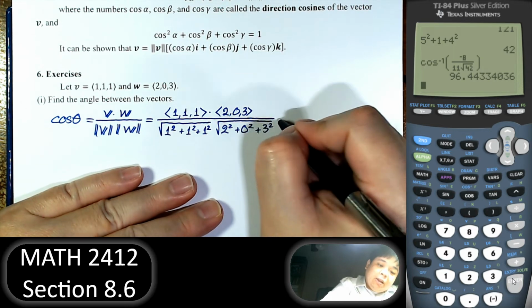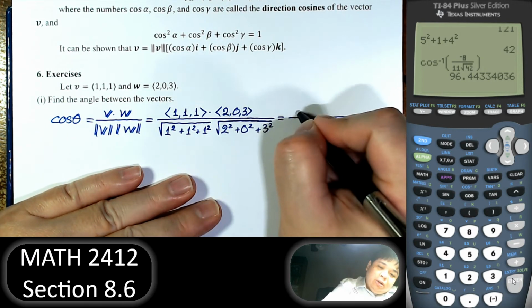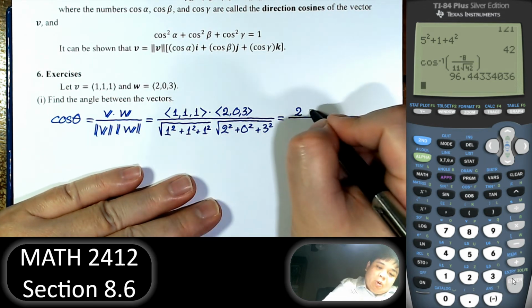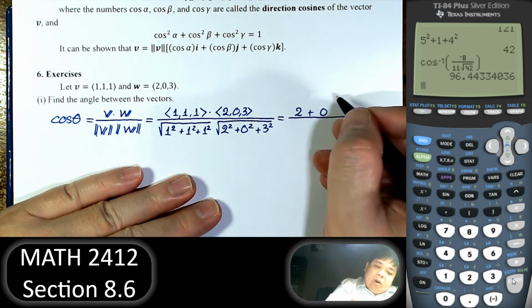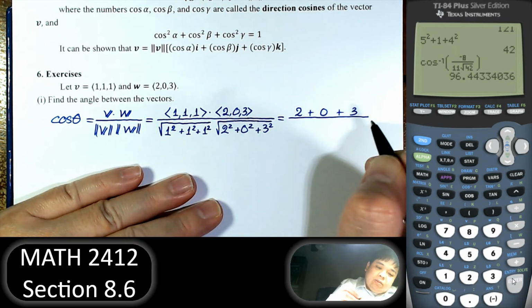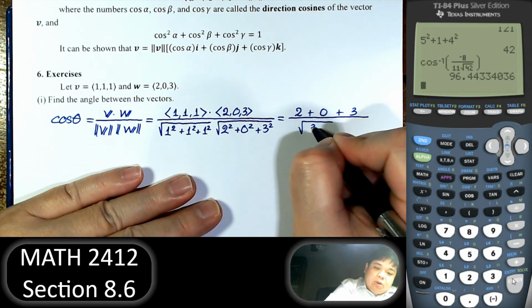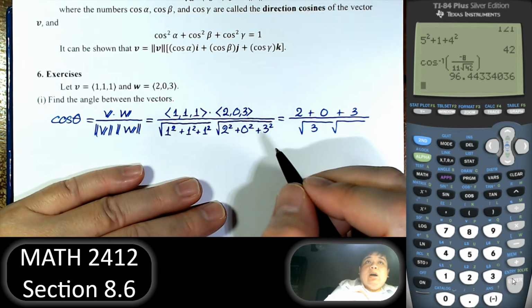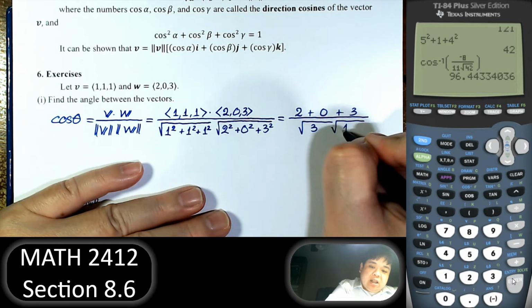Right? So dot product on the top, 1 times 2, 2, plus 1 times 0 plus 1 times 3. The bottom, square root of 1, 1 and 1, that's square root of 3. 2 squared is 4, 3 squared is 9, 4 and 9 make 13.